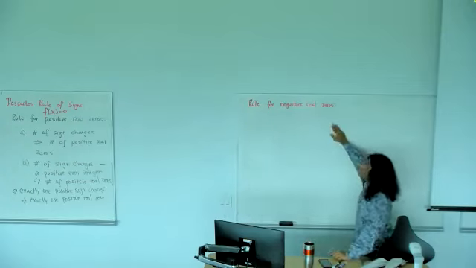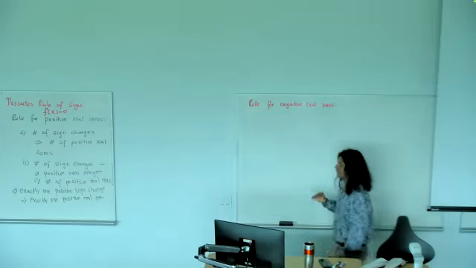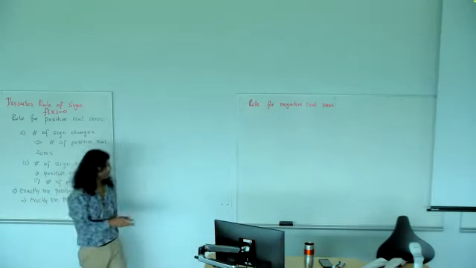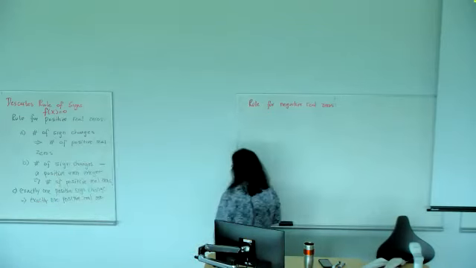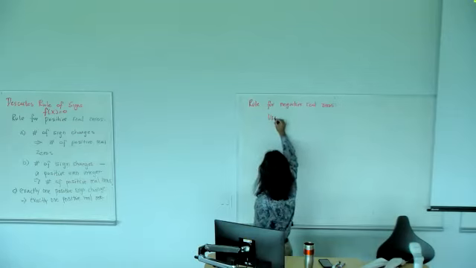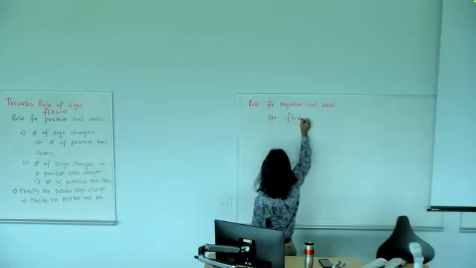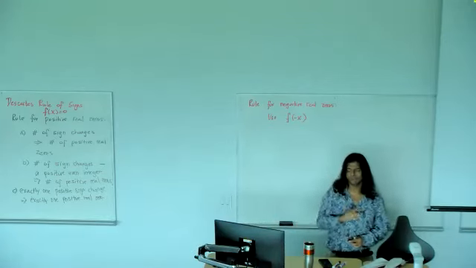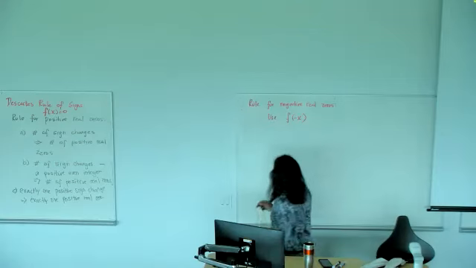You go for f of minus x if you realize that f of x doesn't have any positive sign changes. So in this case, we have to use f of minus x. You have to replace all the x's by negative x.